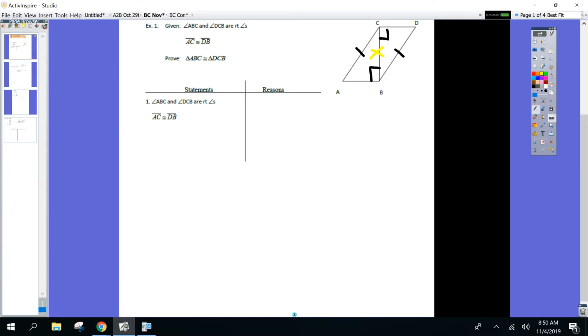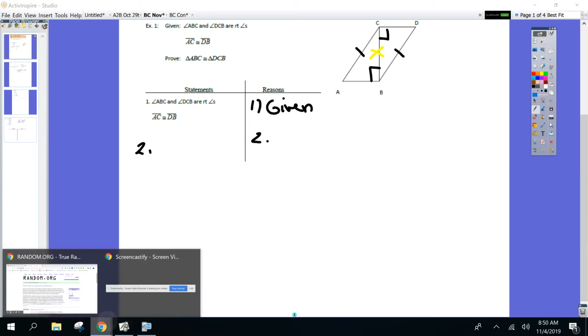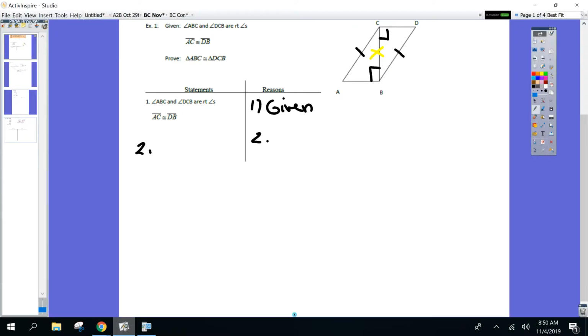You guys made some markings on your diagram, but it did not get into my proof, so I'm going to ask somebody first, what needs to go in here? That's on the diagram, but not in the proof yet. What's got to go in here? CB, thank you.